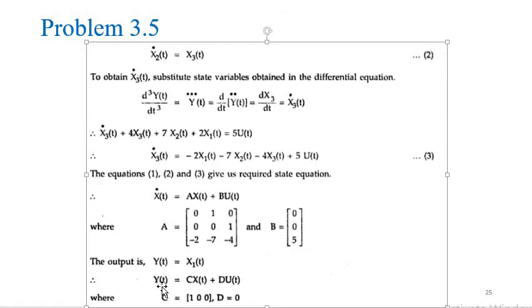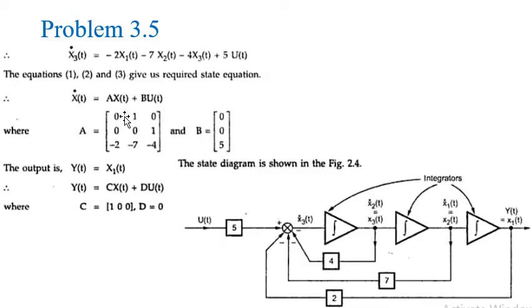So you can write the equation y of t is equal to C x of t plus D u of t. Here the D value will be 0 and the C value will be 1, 0, 0, since the equation is y is equal to x1 of t. Only the first element will be there, all the other elements will be 0. So this is the state equation and this is the output equation.